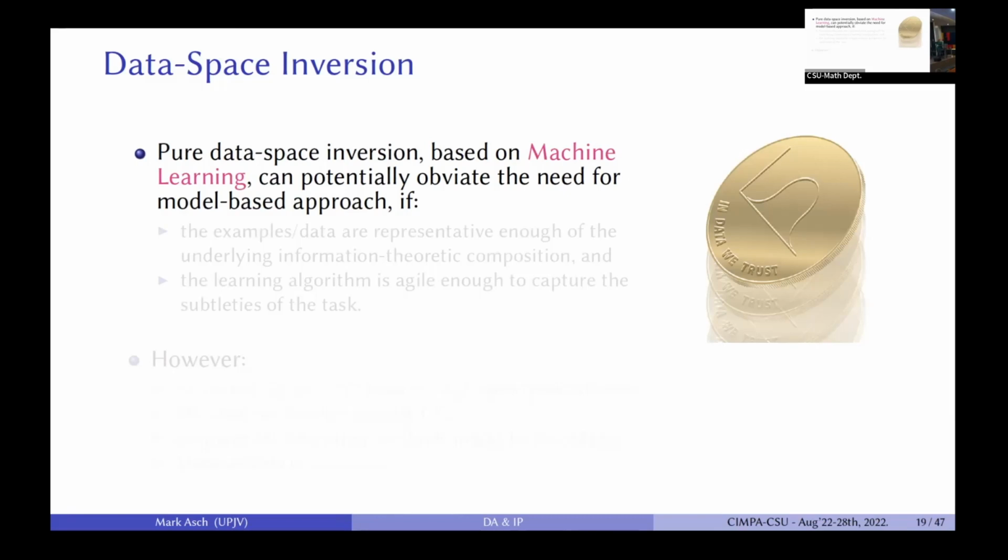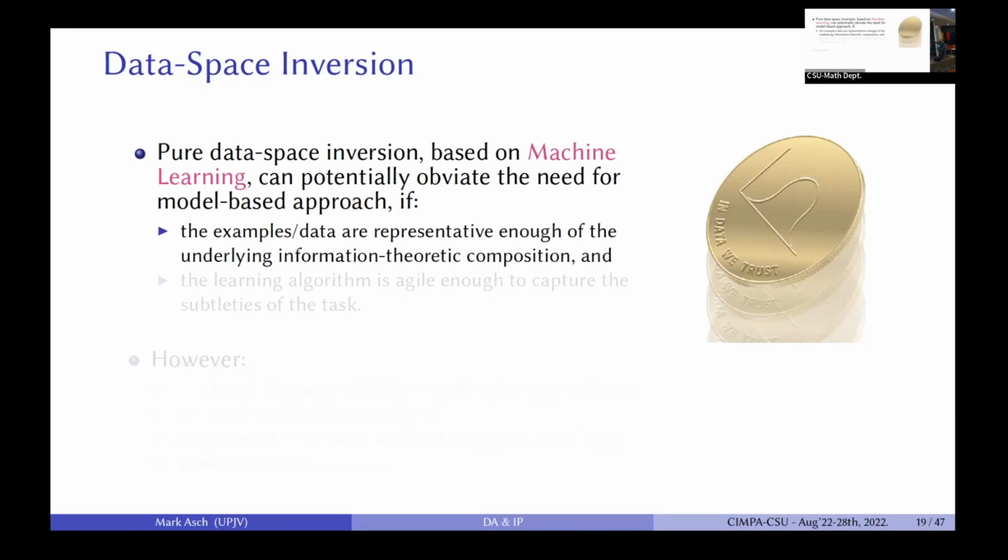Potentially, it can obviate, which means completely eliminate, the need for a model-based approach, which we've been doing until now. Google says, you just look at the data, and everything is in the data. So if everything is in the data, you can solve any type of problem just by looking at the data. Why go to the trouble of using models? But, okay.